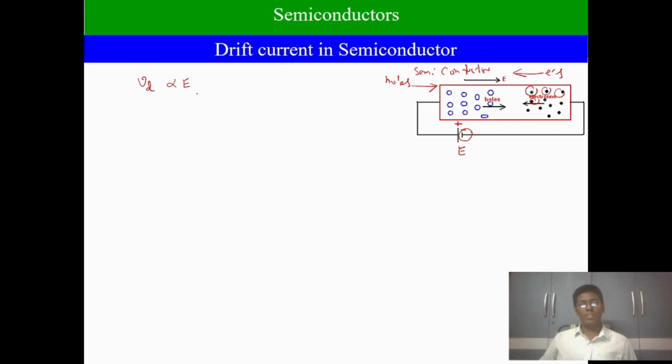Now, removing the proportionality and keeping a constant, that constant is known as mu. This constant is called the mobility of the charge carrier.